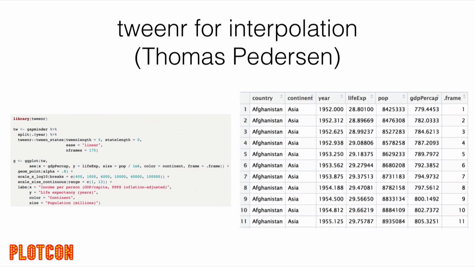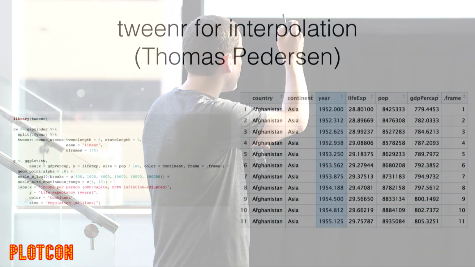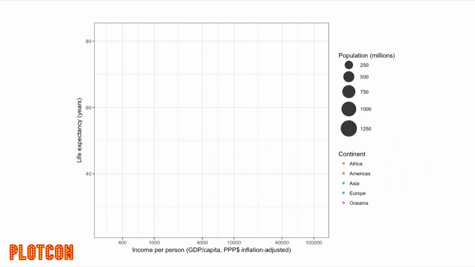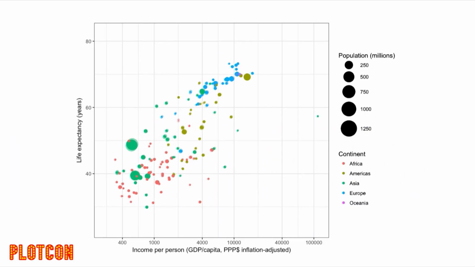We only had 1952, 1957, 1962, and that led to a really jerky plot. It wasn't smooth motion. But by using the tweenr package, we can create one for each intermediate year, which then gets its own frame aesthetic. And when you feed this into gganimate, as I do below, you're able to get continuous motion.